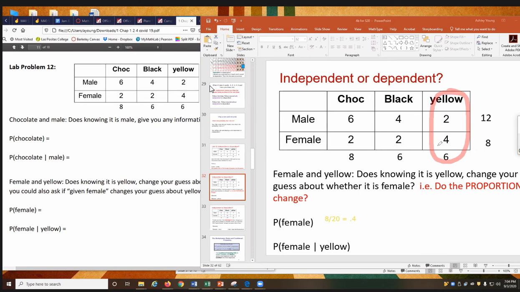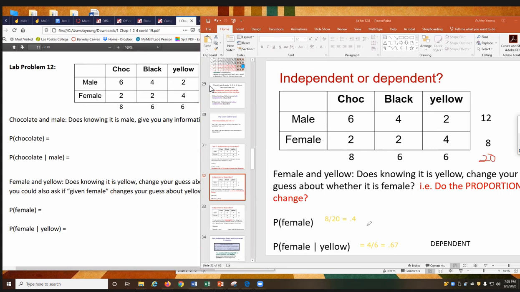And again, you can look at the ratios instead. If I wanted to, I could just look at the ratios. This is 20. I want female yellows. Which of the ones have to do with the female or yellow lab? Someone give me one. Trevor, give me one.